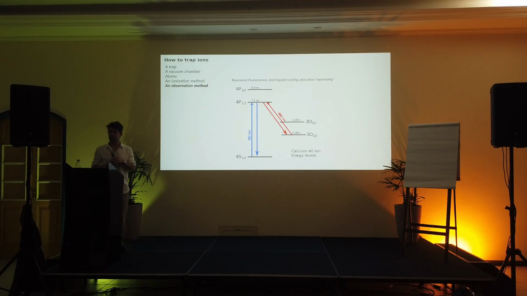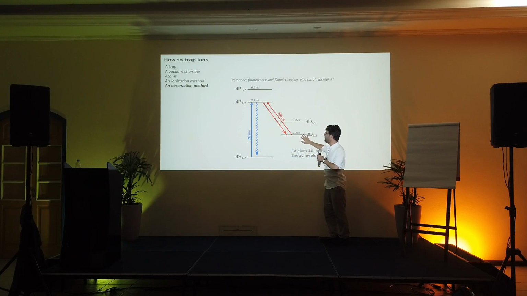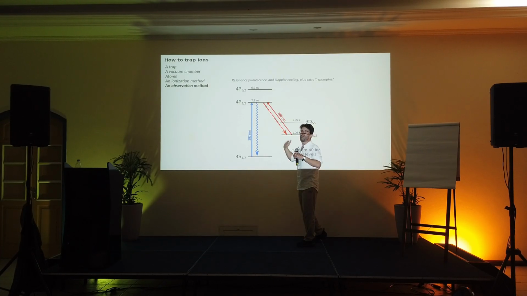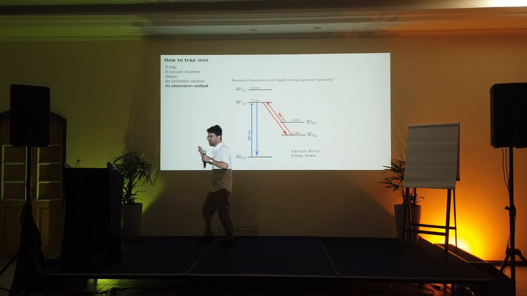So it's much easier to see coherence effects when your coherence time, which here is dictated mainly by the decay time, is much longer than any time that you can control. Quadrupole transitions like this one normally have lifetimes or decay times on the order of a second or a millisecond. So this one is nicely long.